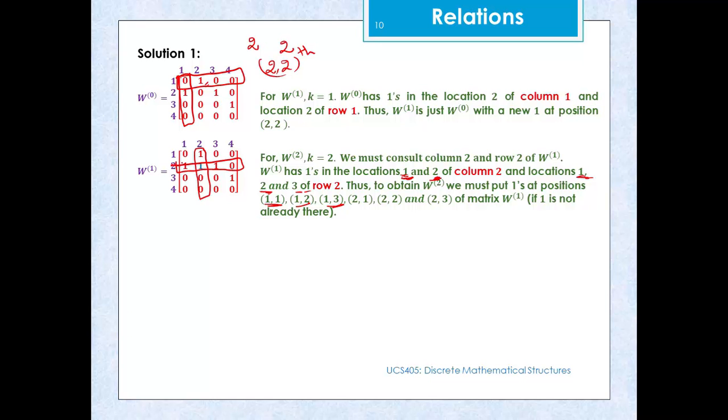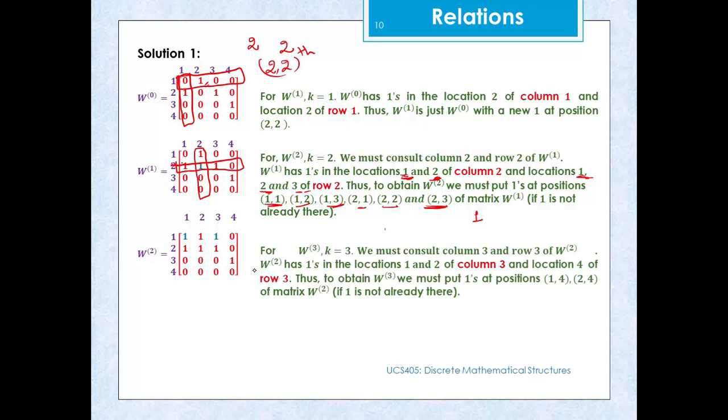Similarly, we will take the second position of the column and the positions of the row. So 2 comma 1, then 2 comma 2 and 2 comma 3. So these are the locations where we have to put 1 to obtain matrix W2. So here is the matrix W2. Here you can see that only at the positions 1 comma 1 and 1 comma 3 new 1s are added. Remaining ones are the same as were there in W1.